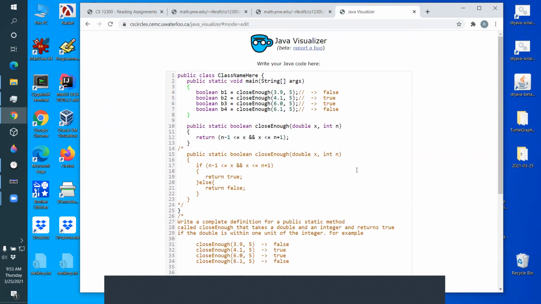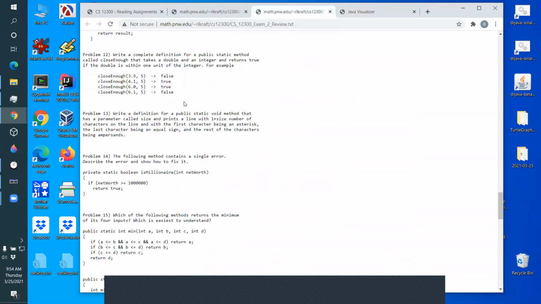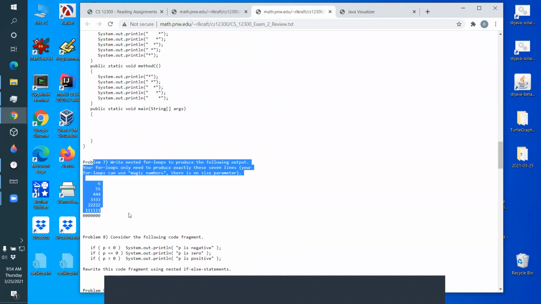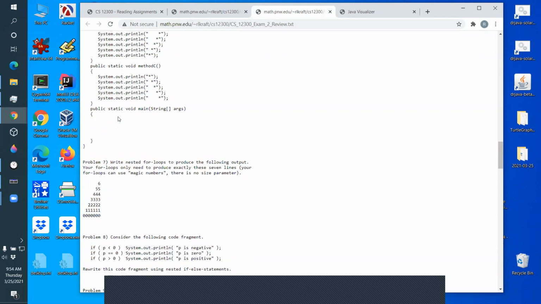Notice every one of these problems is different. There's much less repetition in these problems about methods than there would be in the problems about for loops. The for loops can look an awful lot alike. It's still good practice for you to do a lot of them. If you want to be successful in the next programming class, the data structures programming class and the operating systems class, you really need to program a lot.